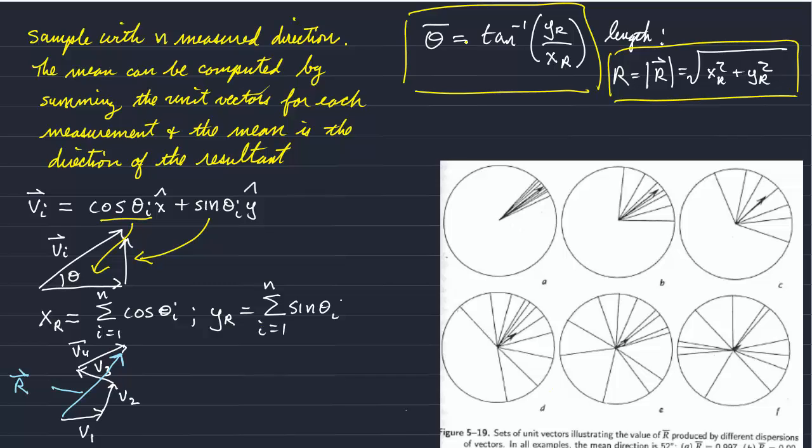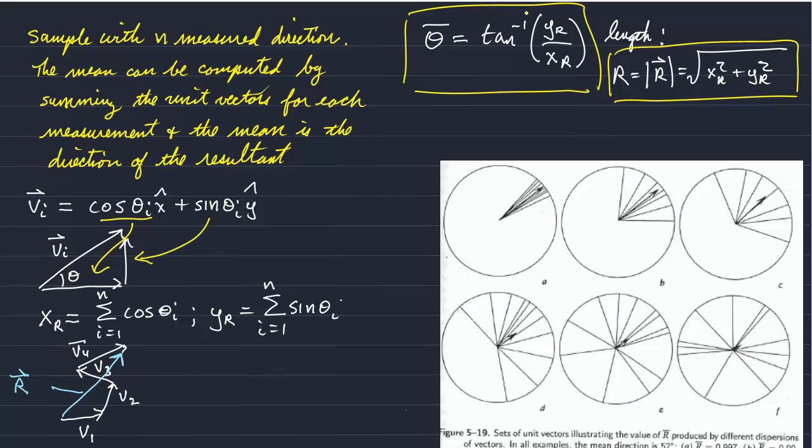Okay, so theta bar is the mean direction of the sample, which is the orientation or the direction of the resultant of all the unit vectors representing the measurements. And the length of R is the square root of x sub r squared plus y sub r squared.